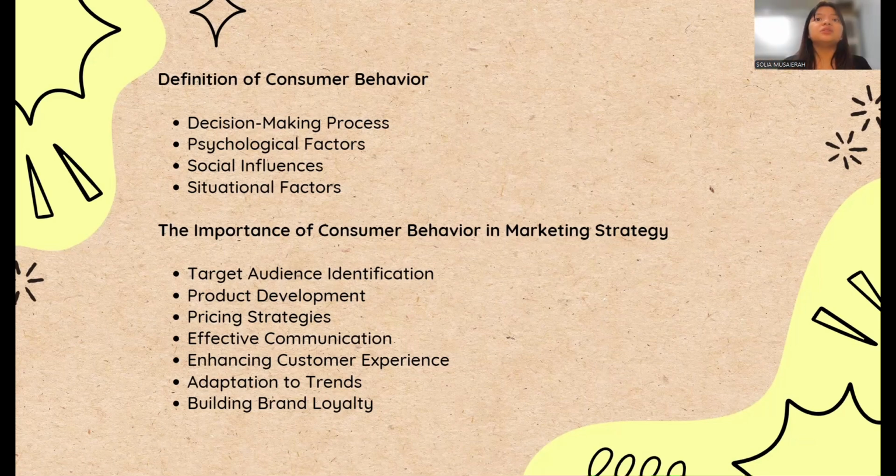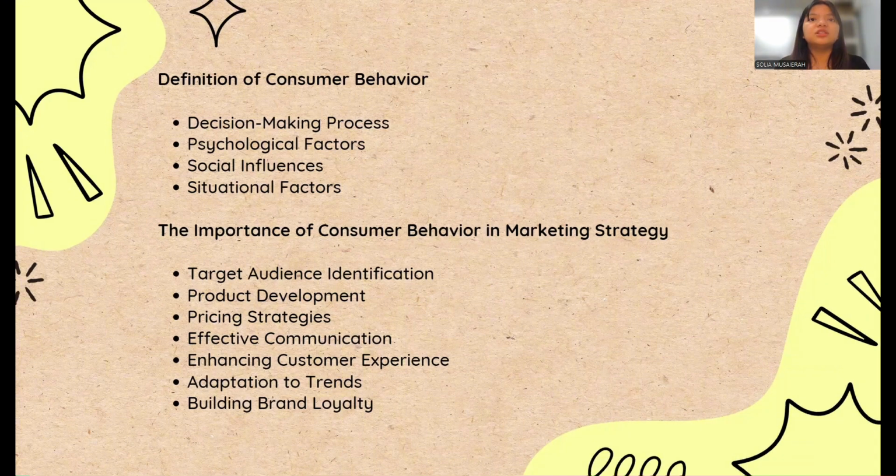Components of consumer behavior. Decision making process. This includes the stages consumers go through: problem recognition, information search, evaluation of alternatives, purchase decision, and post purchase evaluation. Next is psychological factors. This covers internal influences like motivation, perception, beliefs, and attitudes that impact our choices.